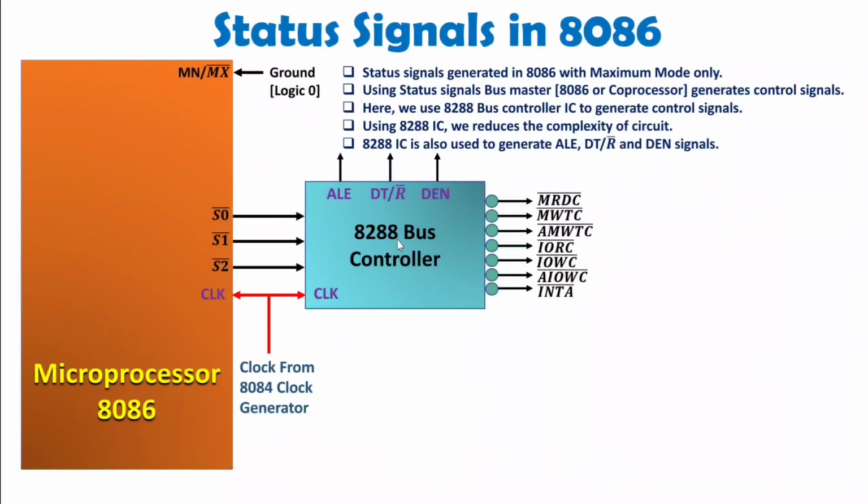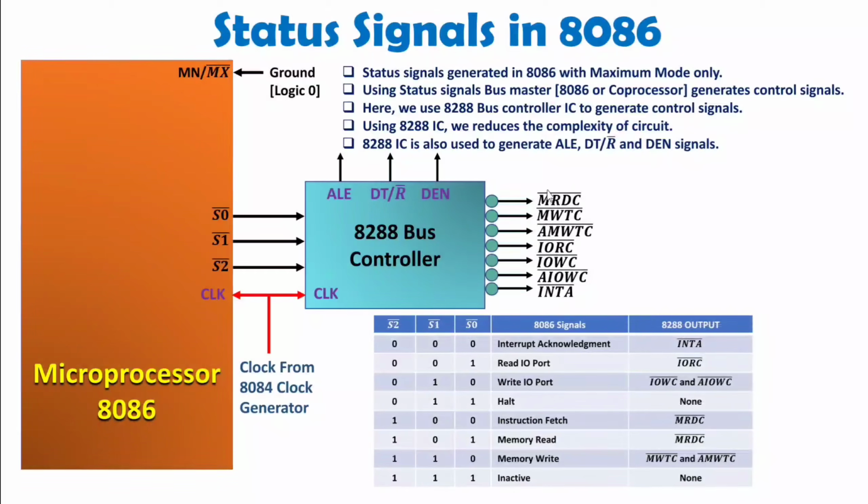Now let us try to understand how these control signals are generated as per this status signal. If it is 000, interrupt acknowledgement will be there, so you see interrupt acknowledgement bar is given. If it is 001, read IO port will be there, so IO read bar will get generated. 010 will give write IO port and 011 will give halt.